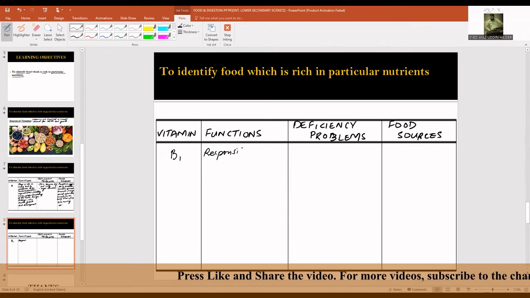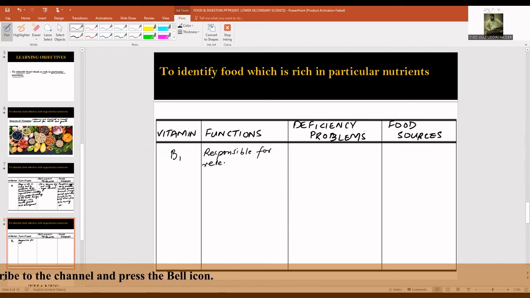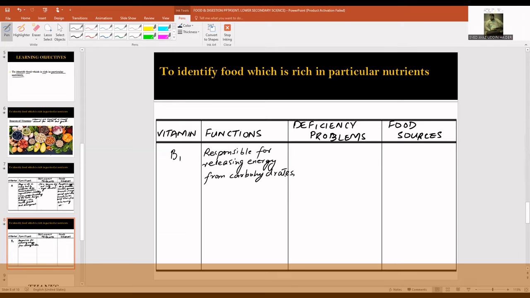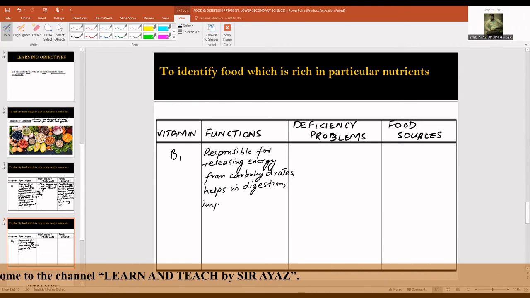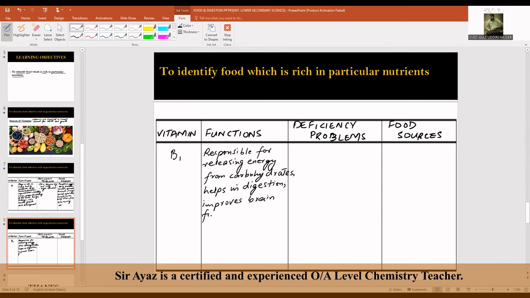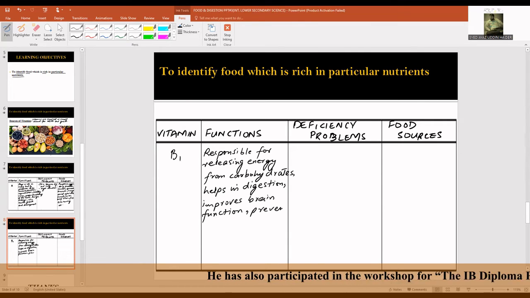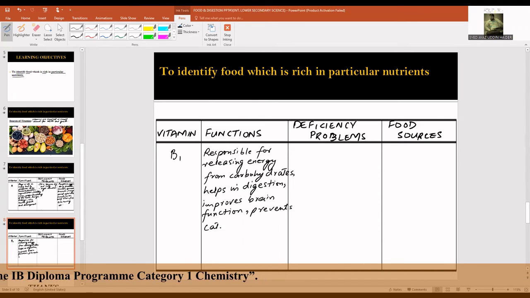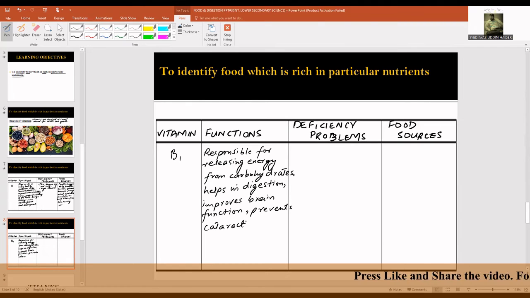It helps in digestion, improves brain function, prevents cataract, which is an eye disease, and promotes heart health.